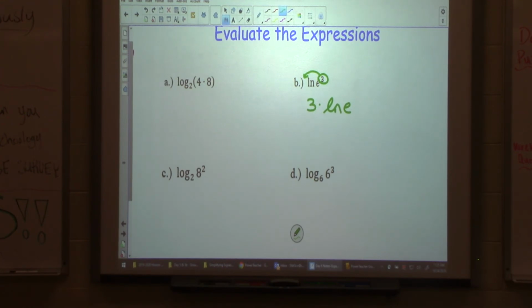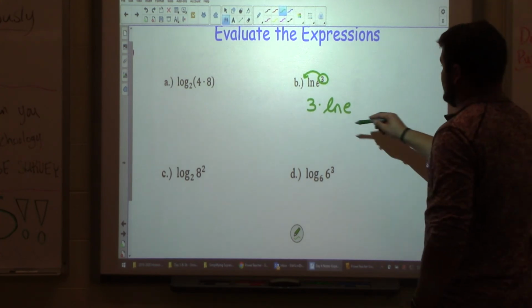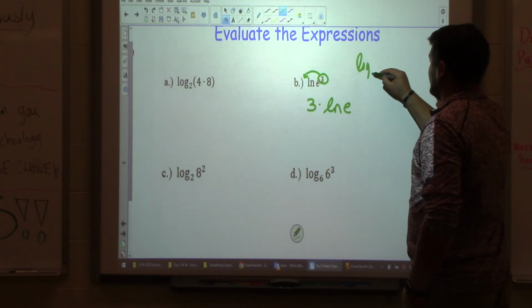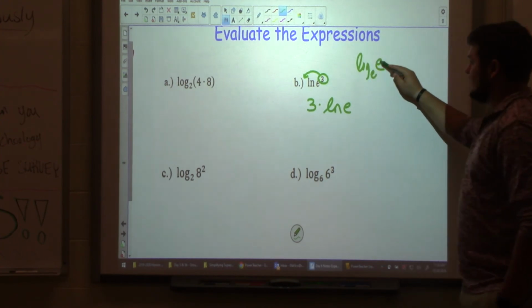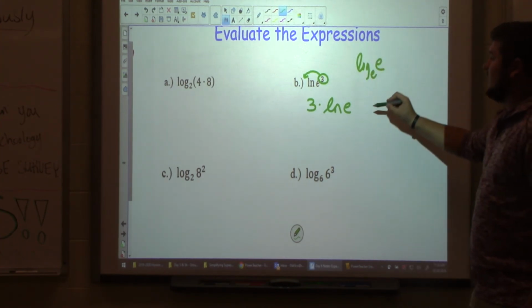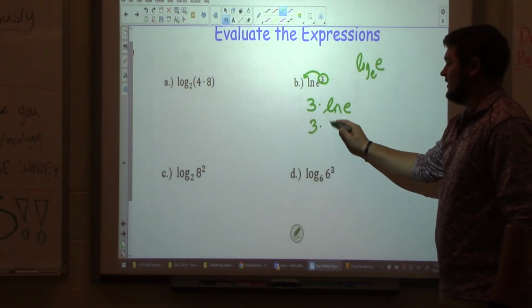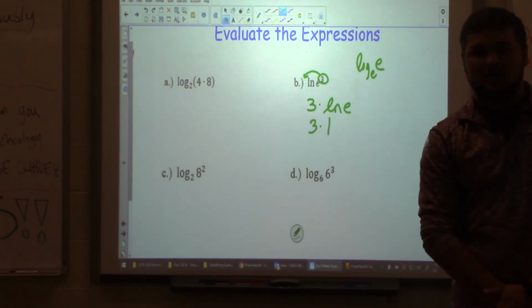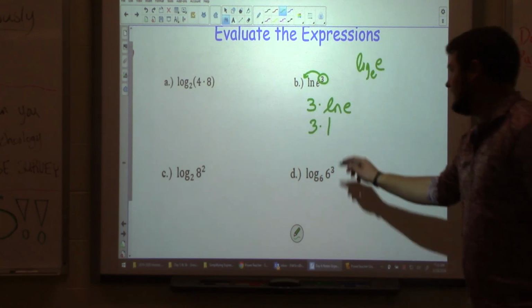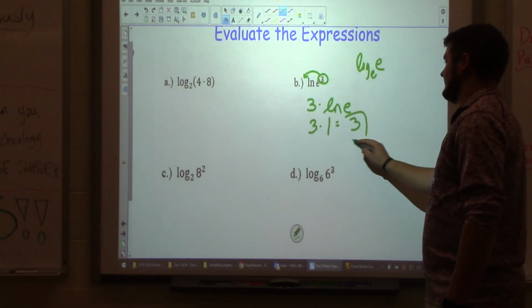Everybody got 1, right? That is because log base e is the same as the natural log. Log base e of e. Remember, when we said these two numbers match, it will always equal 1. So the natural log of e is always 1, and 3 times 1 would be 3.